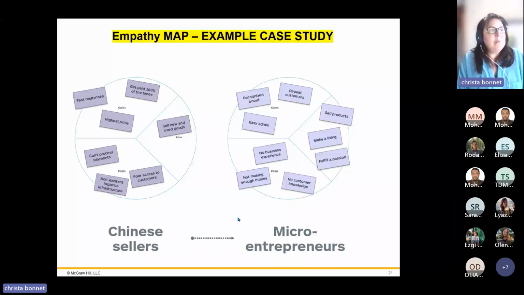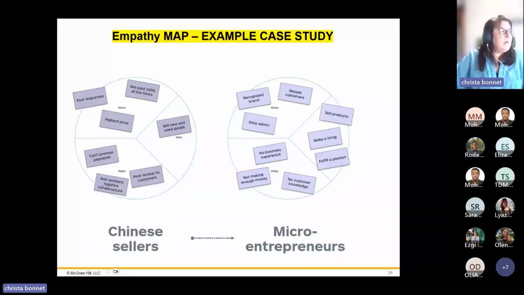Another example is between micro entrepreneurs and Chinese sellers, where the interview was: okay, let's say SMEs, small businesses, what will give you gains? What are your pains, and what are the things in the jobs that are problematic to you?